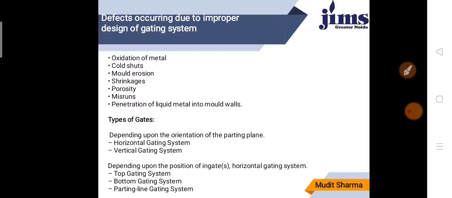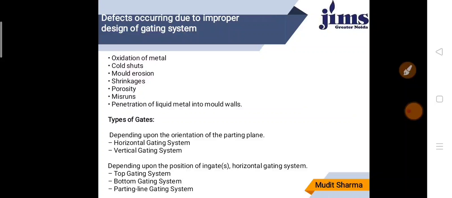For the mold cavity in the drag it is a top gate, and for the cavity in the cope it is a bottom gate. Thus this type of gate tries to derive the best of both types, bottom and top. This is most widely used for sand casting. I hope you understand all these gates.